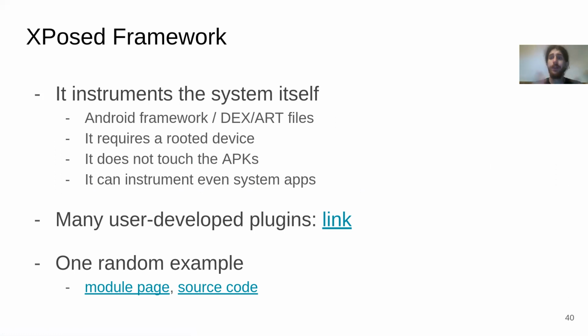It takes the Android framework and modifies the Android framework itself so that something happens, like you log a function call to X, or when X is called, your callback is executed and then you execute the real X, and so forth. There are many user-developed plugins for this, and I put a link there. People use it a lot for small customizations, like changing the color of something or hiding a specific icon somewhere, things like this. Again, fantasy is the limit. But for reverse engineering tasks, I think Frida is the winner here.